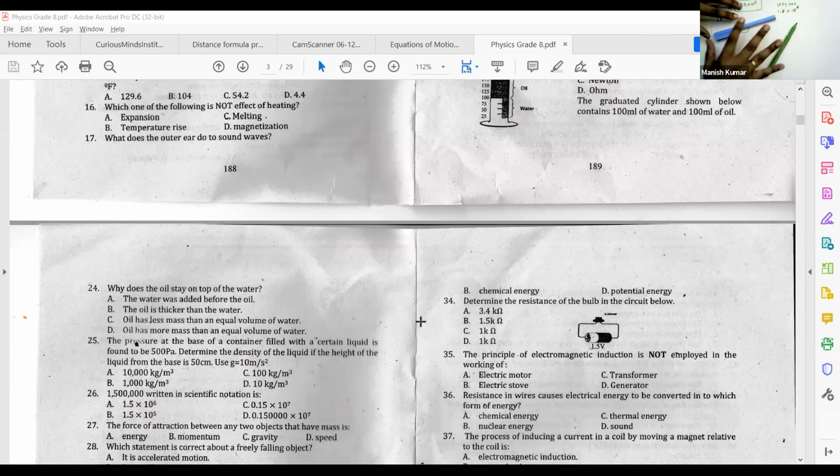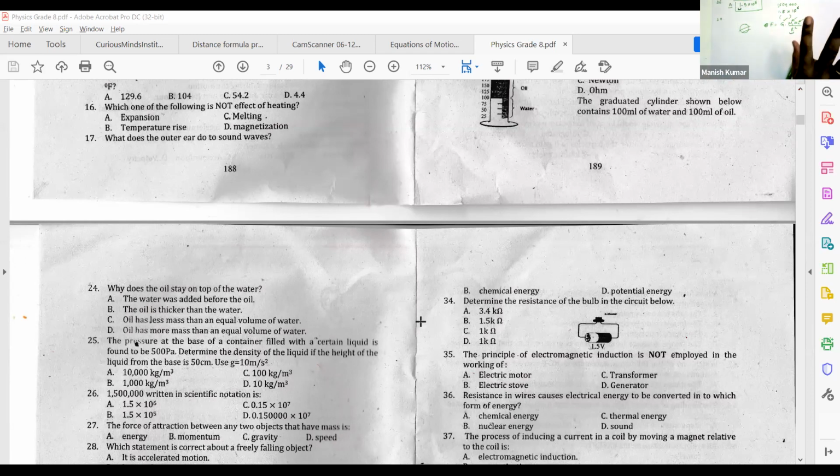The force of attraction between any two objects is given by the force of gravity, which is G m1 m2 by r square, where G is the gravitational constant. It's a constant number, a very small number. m1 is the mass of the first object, m2 is the mass of the second object, and r is the distance between both the objects.